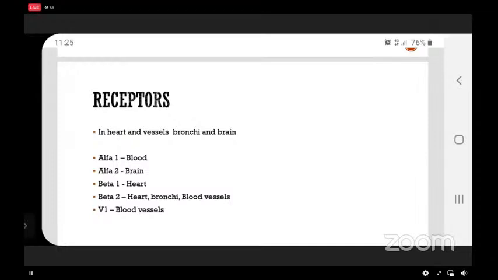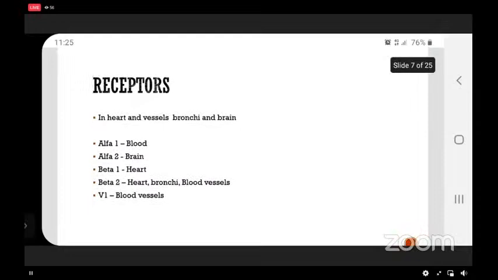There are many receptors, for example, alpha 1, alpha 2, beta 1, beta 2, and V1 receptors. Some of them are found in the blood vessels, some in the heart, and some in other places like the brain and the bronchi as well. So there are many receptors, and different inotropes and vasopressors act on different receptors. Based on that, their clinical implications would be different.